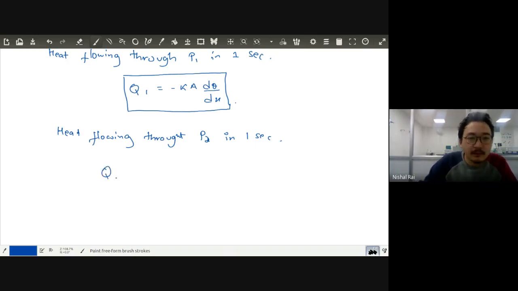Similarly, Q2 is minus Ka, because this is the same material, so we are keeping K and A the same, times the derivative of temperature. What was the temperature at that time?